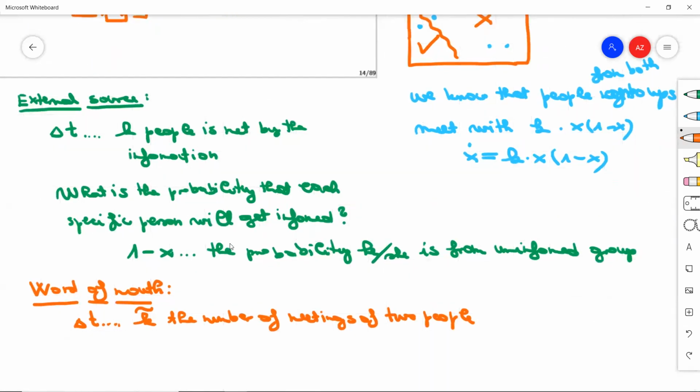So in delta t, there are k tilde meetings of two persons. And now what's the probability that each of these meetings will increase the number of informed people? So what is the probability that each meeting will increase X?